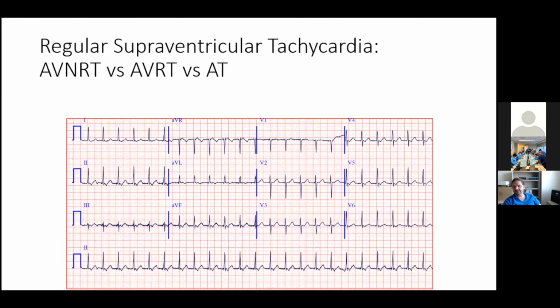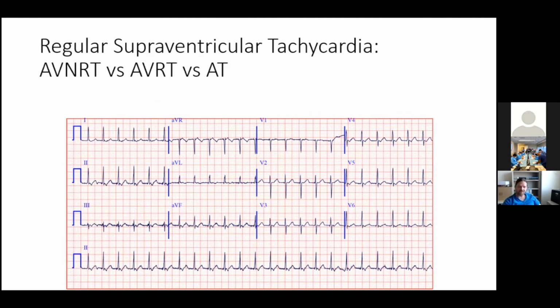All right, other narrow complex tachycardias. In general, I encourage you to lump together narrow complex SVT. This is usually going to be AVNRT, AVRT, or AT. The things we see on the EKG can change the likelihood of one diagnosis versus the other, but it's very, very hard to nail the diagnosis definitively based on a 12-lead.